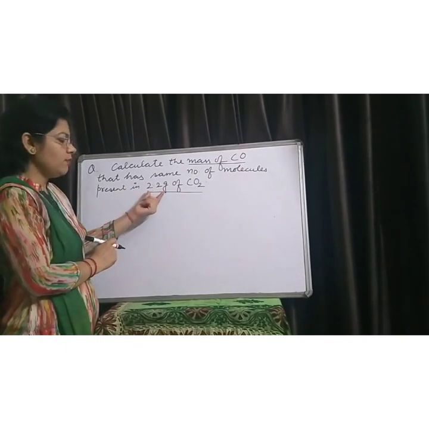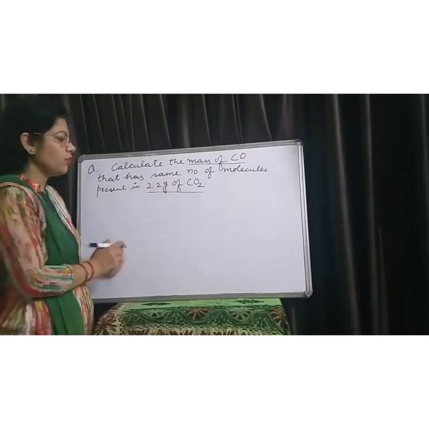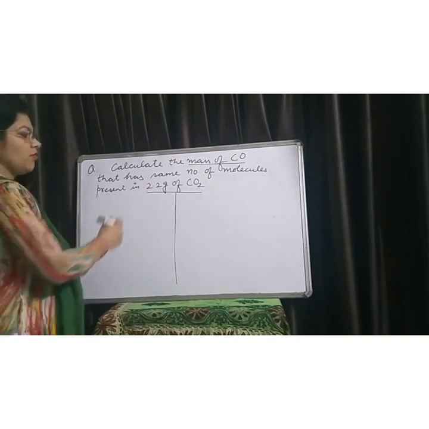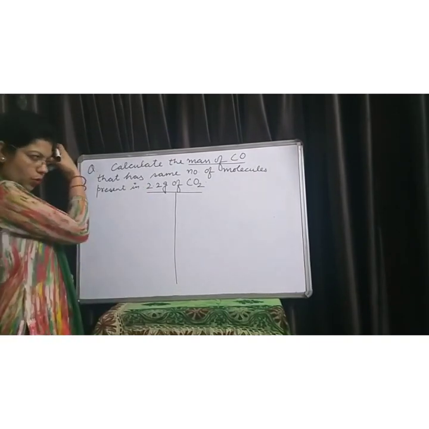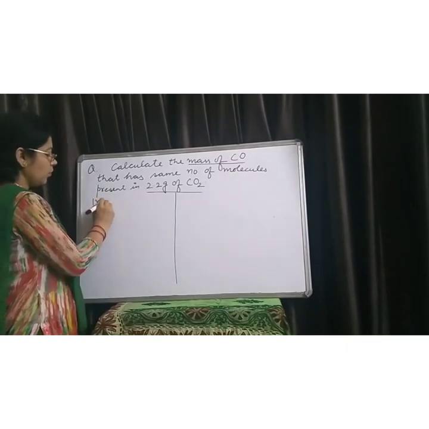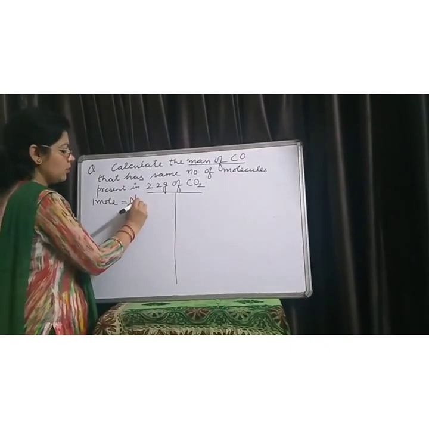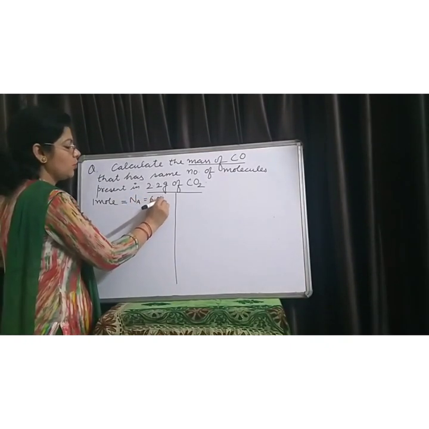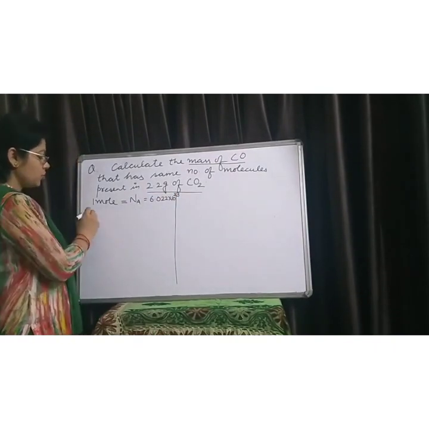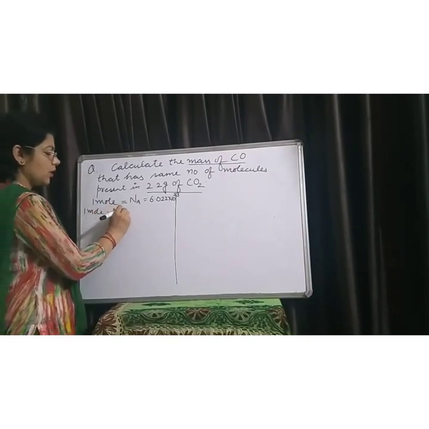First of all, we have to find the number of molecules present in 2.2 grams of carbon dioxide. According to mole concept, we know that 1 mole is equal to Avogadro number, or equal to 6.022 into 10 raised to power 23. Also, 1 mole is equal to molecular mass.